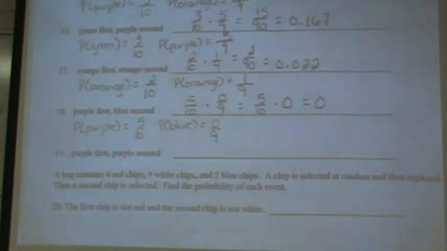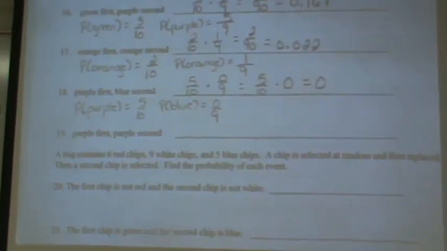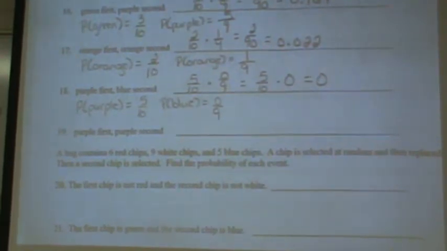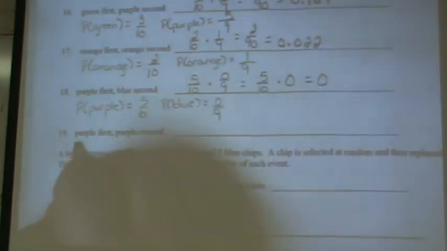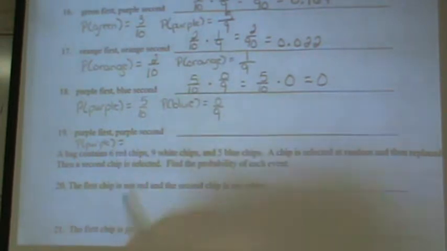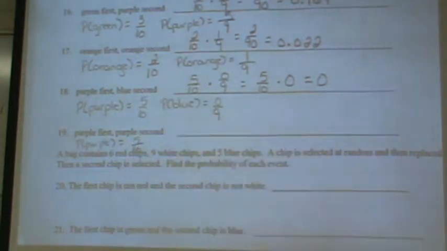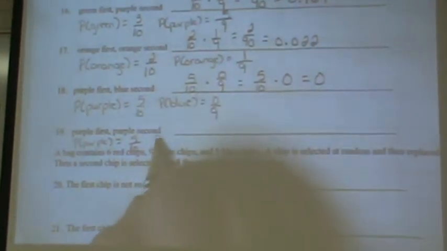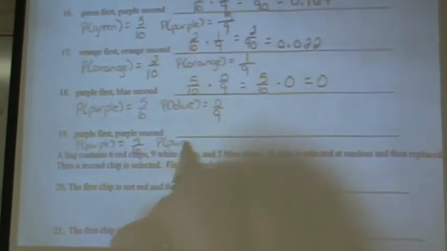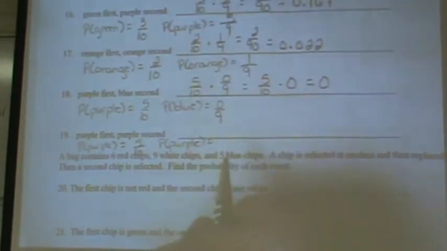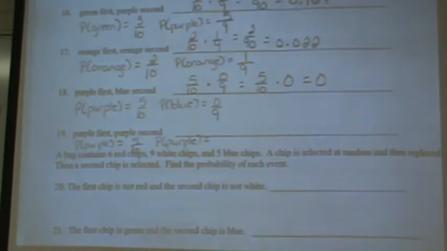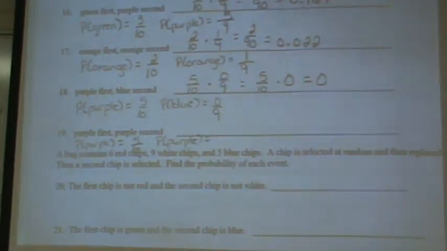Number 19 is picking a purple first and then picking a purple second. So we need the probability of picking a purple first. So we have 5 purple to start with, and that's over our 10 total. And then picking a purple second, again, we're assuming that we picked a purple first and we didn't put it back in the bag.